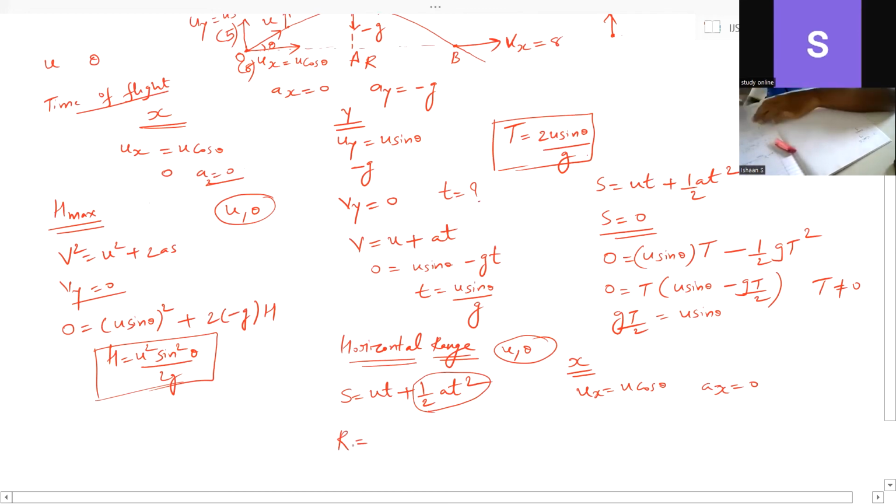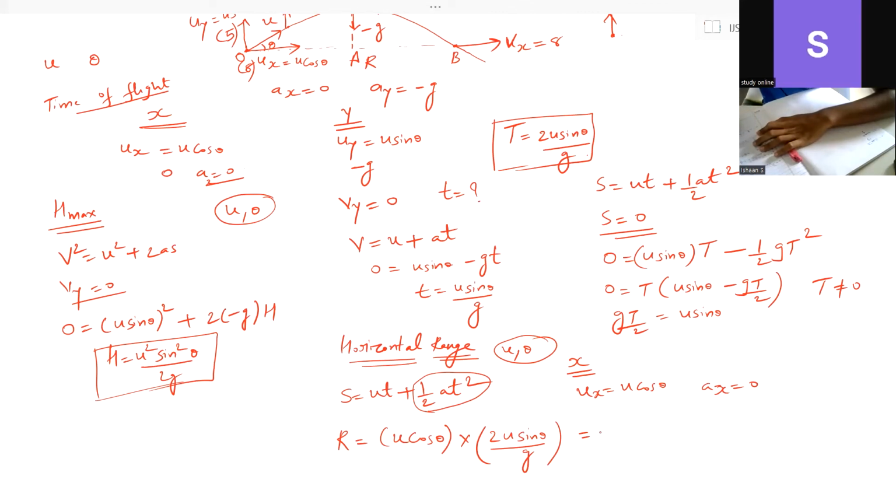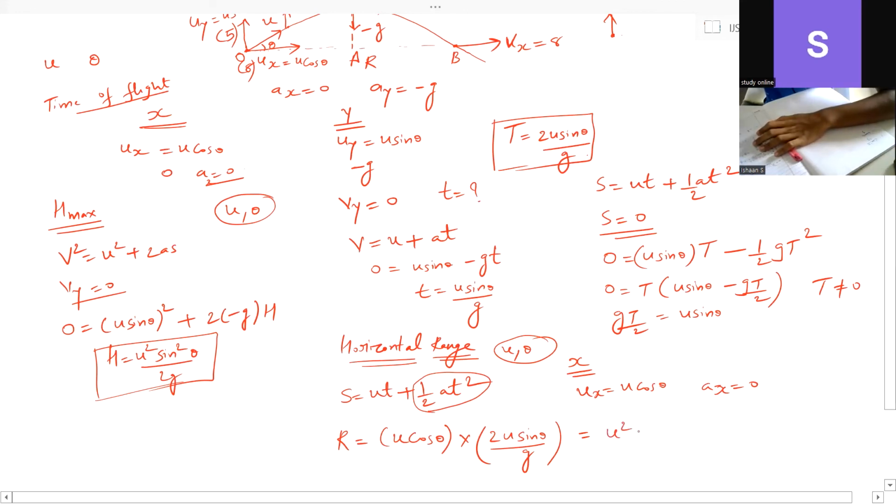So instead of s, I am directly writing range R. U sine theta, u cos theta by g, or u square sine theta cos theta.